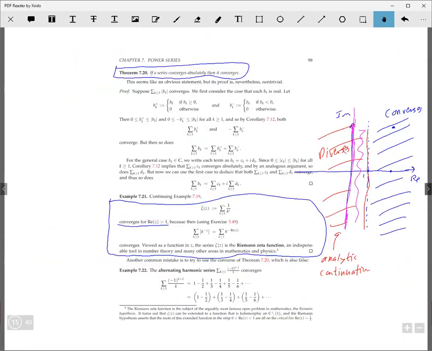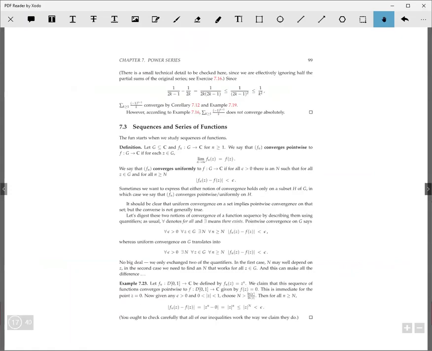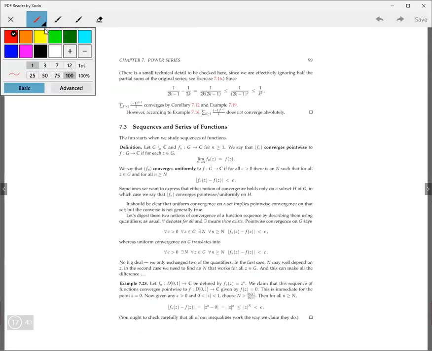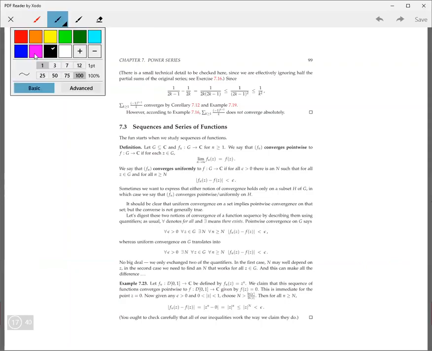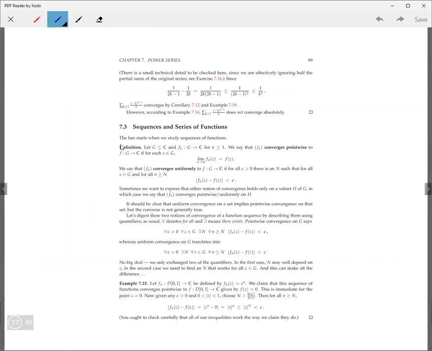Okay, so let's go on to sequences and series of functions. And the first thing that I want to point out is this definition right here. Okay, so when you're dealing with functions and how they converge, you have pointwise convergence, which means that they're going to converge at each point. But then you also have what's called uniform convergence, which is stronger.